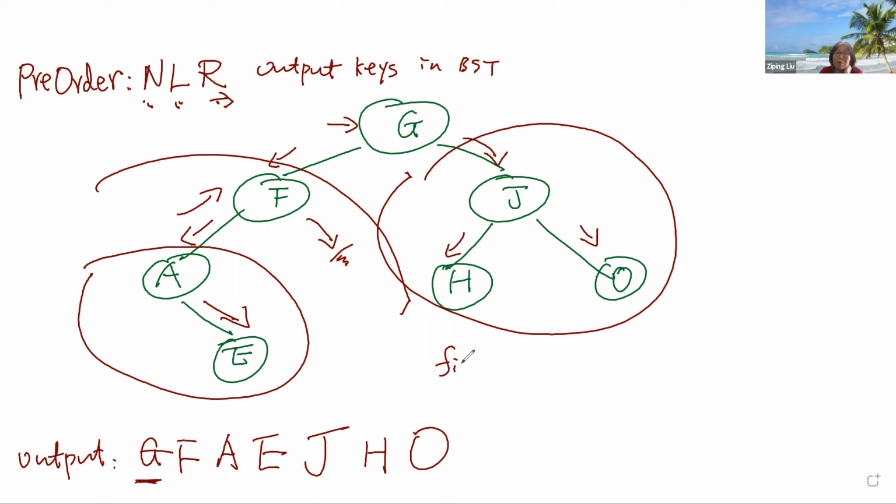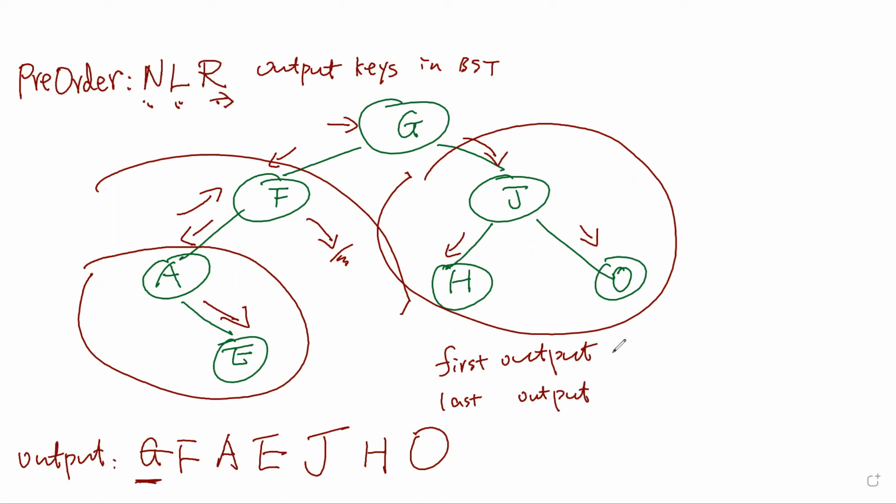So the first output is always the root node.